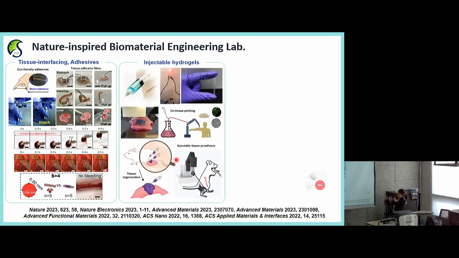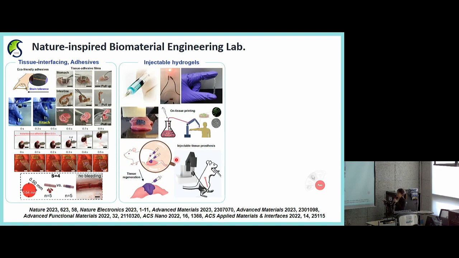The second material is the injectable and conductive hydrogels. The hydrogel materials have a very tissue-mimetic mechanical modulus, so we can use this material for tissue regeneration, and we can also provide electrical conductivity to the hydrogels, which can be effective as a bioelectrode by itself.